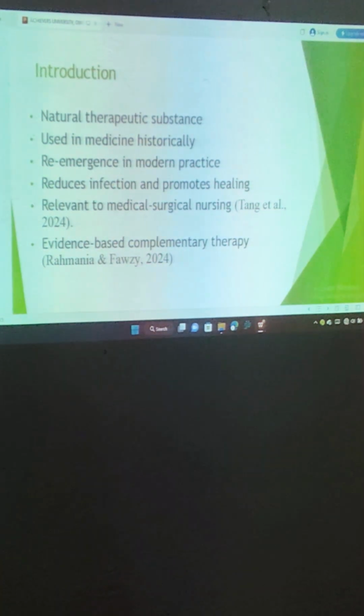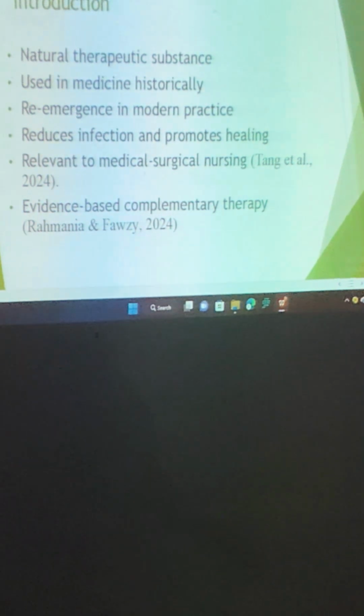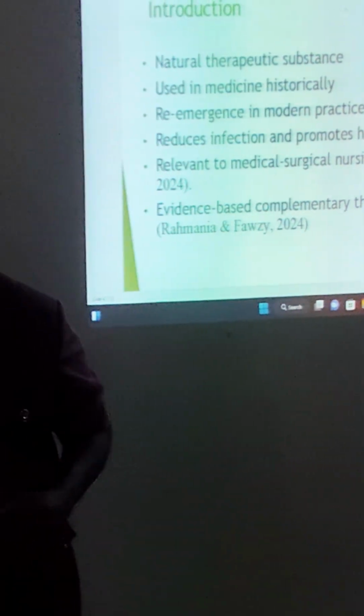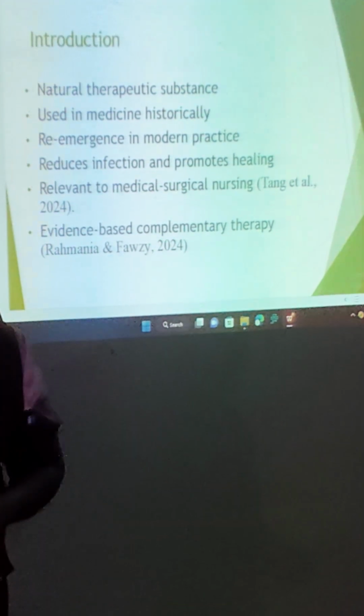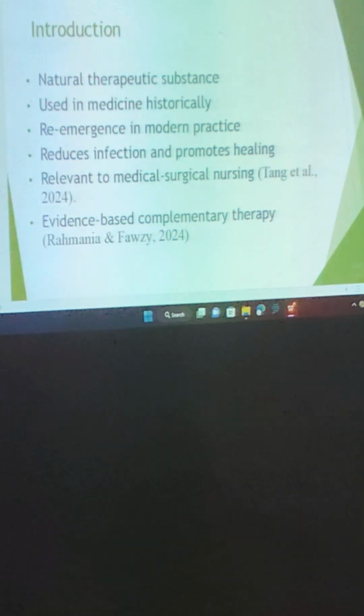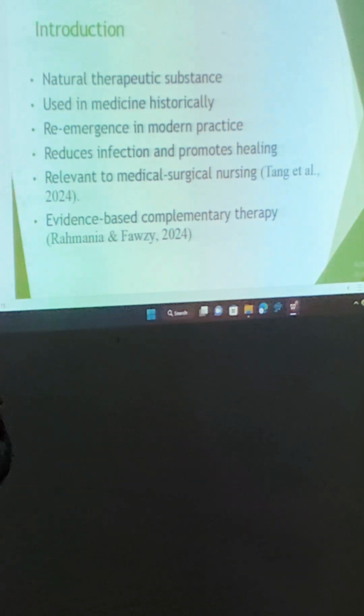Honey is a natural therapeutic substance. One good thing to know about honey is that honey is sweet, and honey has been used in medicine historically. There is a reemergence of honey in modern practice. Honey reduces infection and promotes healing.